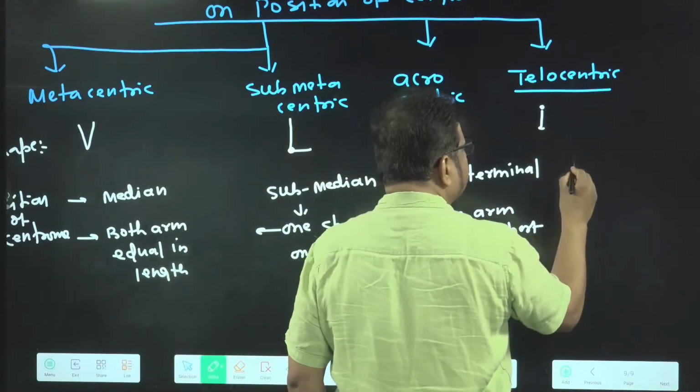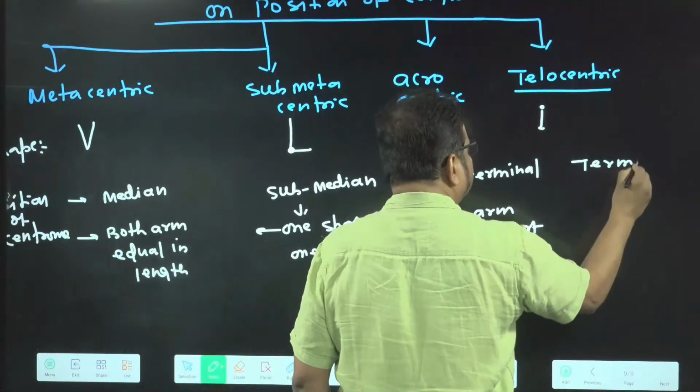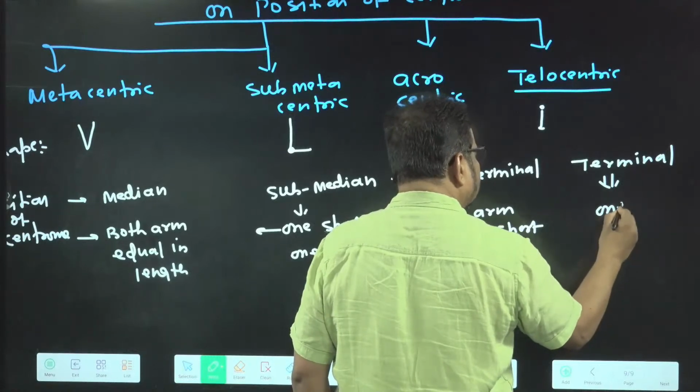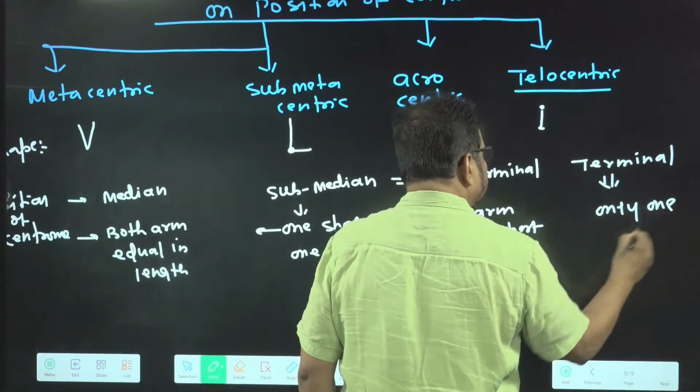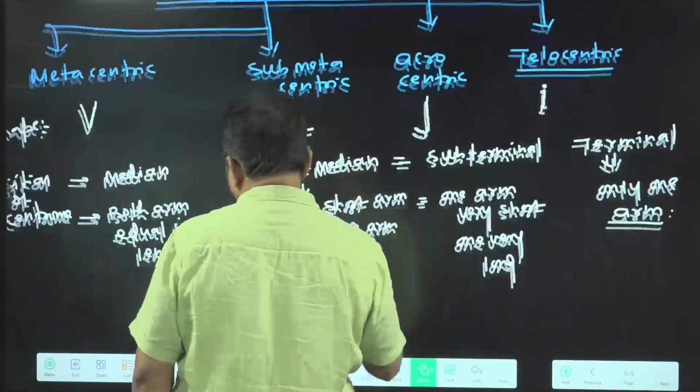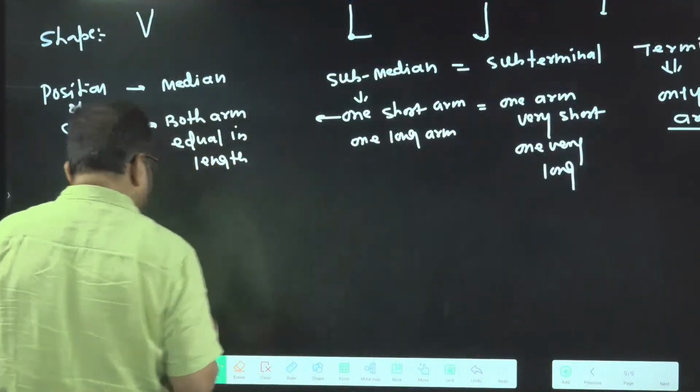And telocentric has a terminal centromere. How many arms are there? Only one arm. Got the idea? Now I am telling you the images, diagrams.